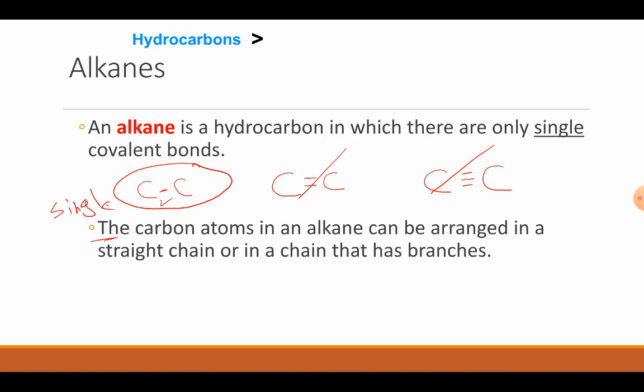So we repeated the information today again. The carbon may be like that, a straight chain, or maybe like that, branched, like C, C, C, and you can find a branch coming from here, a branch coming from here, so it's branched. Okay? Right. Thank you, guys.